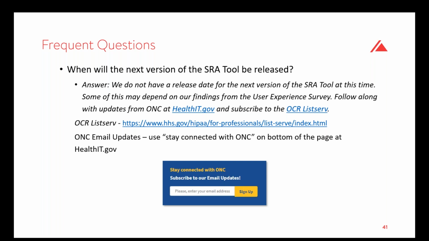But we'd ask that you follow along with updates from ONC at healthit.gov and subscribe to the OCR listserv. Here on this slide, there is a link to subscribe to the OCR listserv. And if you want to subscribe to email updates from ONC, you can just go to healthit.gov, scroll to the bottom of any page, and you should see Stay Connected with ONC, subscribe to email updates. If you put your email address in that box and click sign up, you'll be subscribed to email updates there.